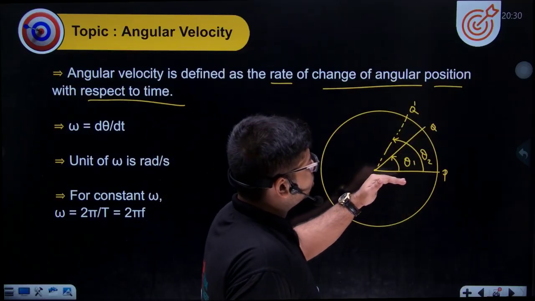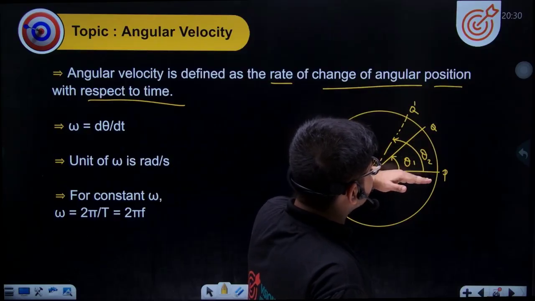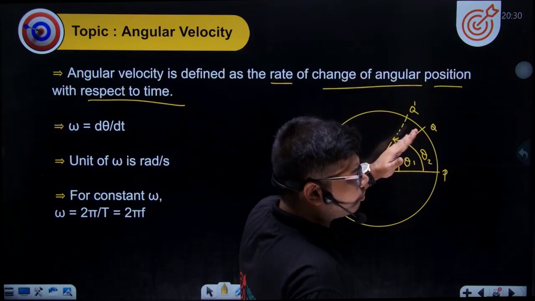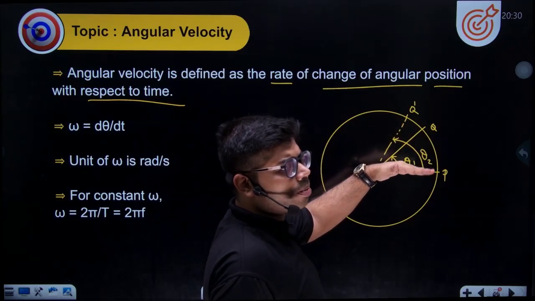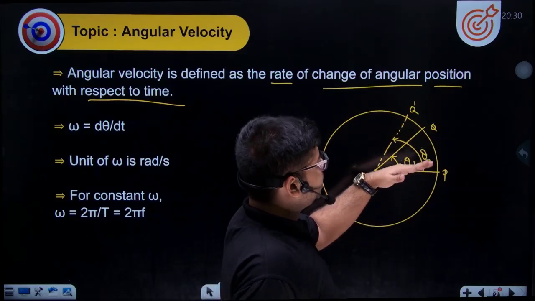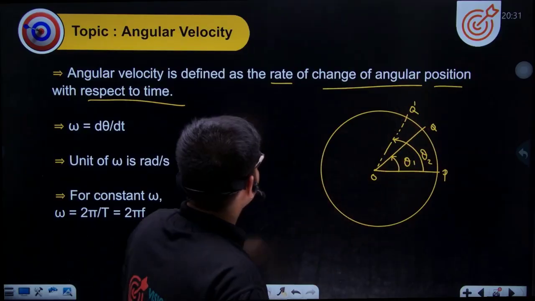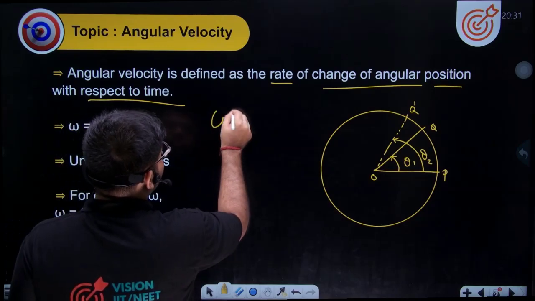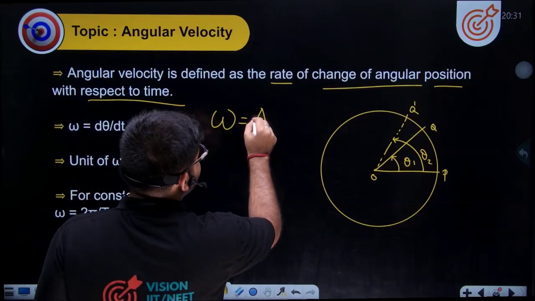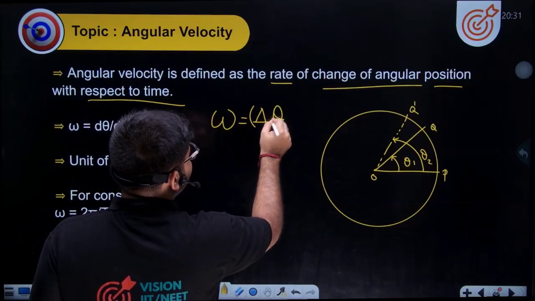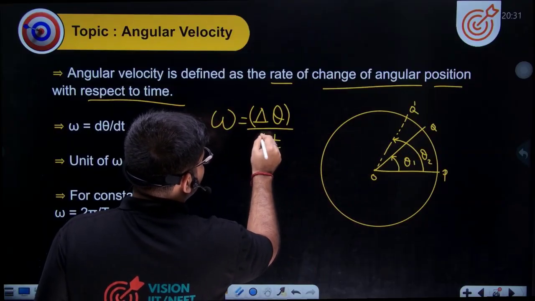And suppose in order to move from theta 1 to theta 2, the particle has taken time from t1 to t2. So at t1 time it was at Q, at t2 time it is at Q prime. So I can say that angular velocity of the particle is nothing but delta theta, that is the change in the angular displacement, divided by delta t.